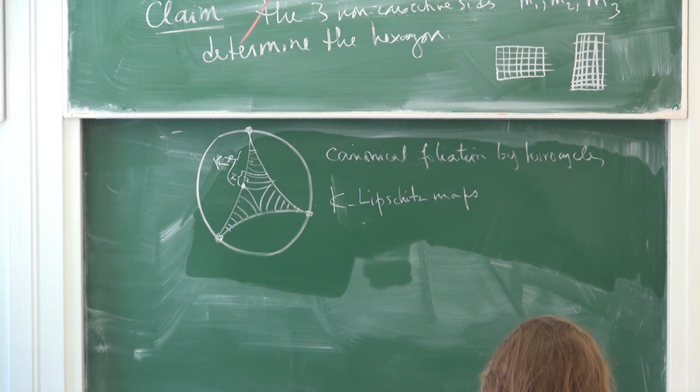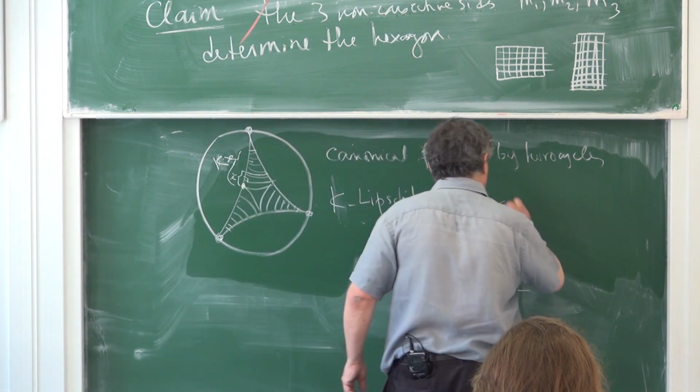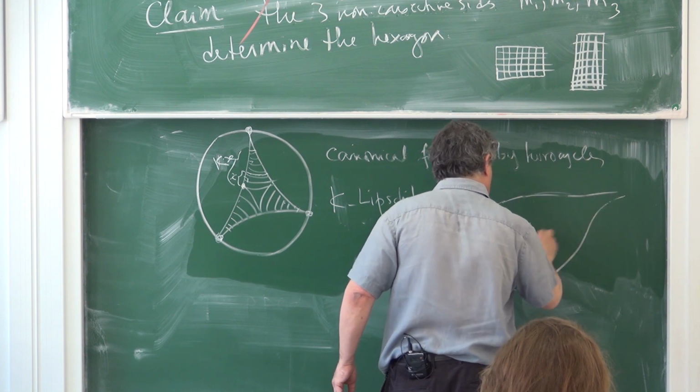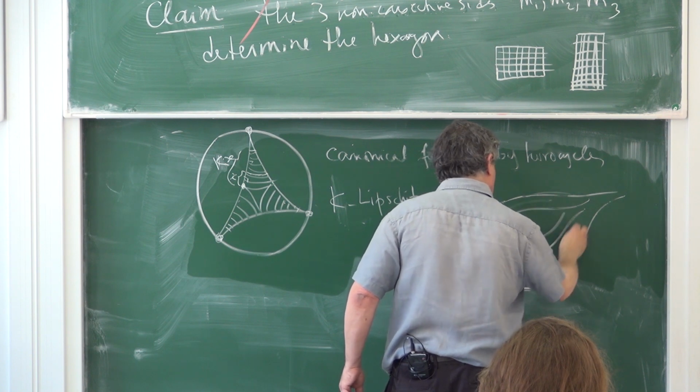And then we said that you have either a surface with cusps divided into ideal triangles.